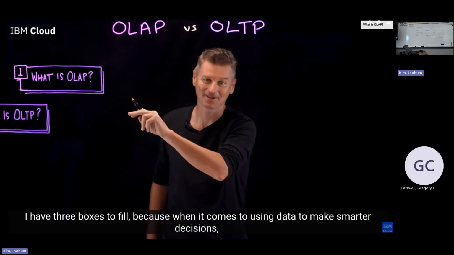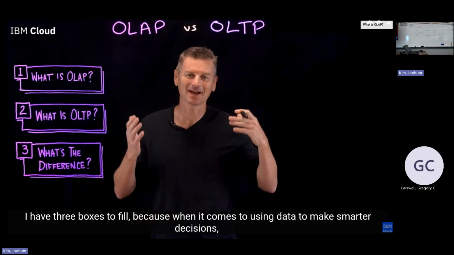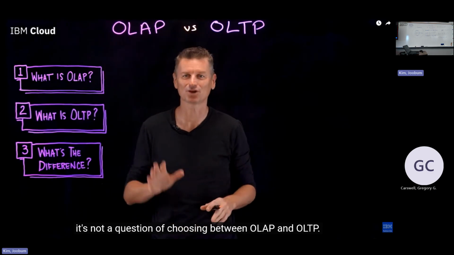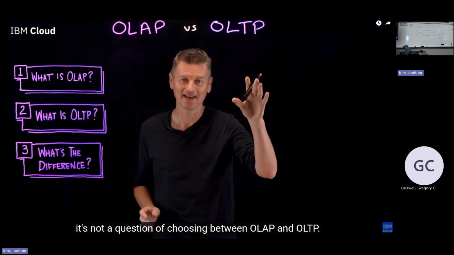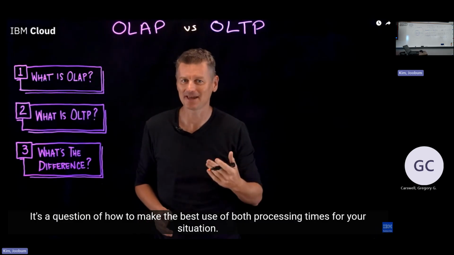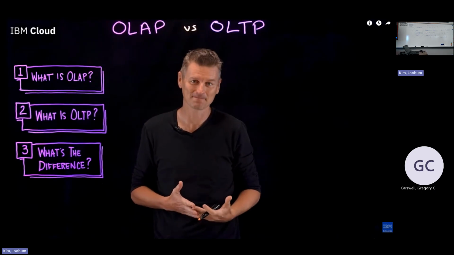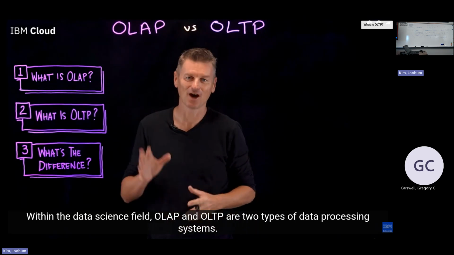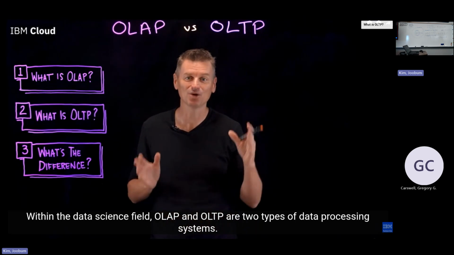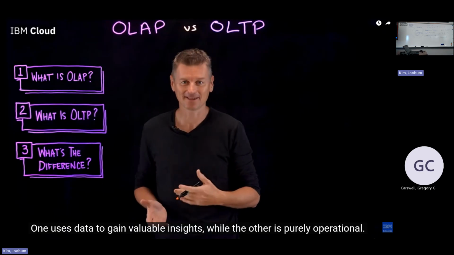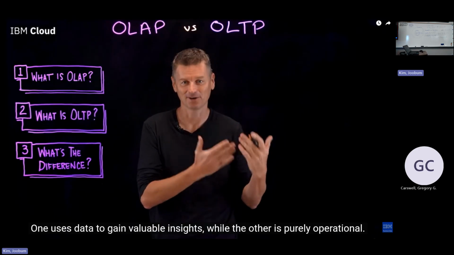I have 3 boxes to fill because when it comes to using data to make smarter decisions, it's not a question of choosing between OLAP and OLTP. It's a question of how to make the best use of both processing types for your situation. Within the data science field, OLAP and OLTP are 2 types of data processing system. One uses data to gain valuable insights, while the other is purely operational.